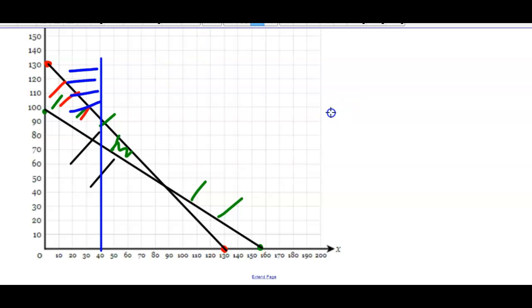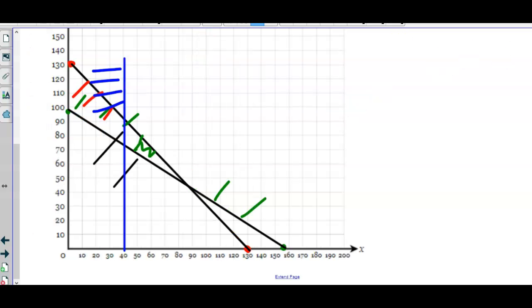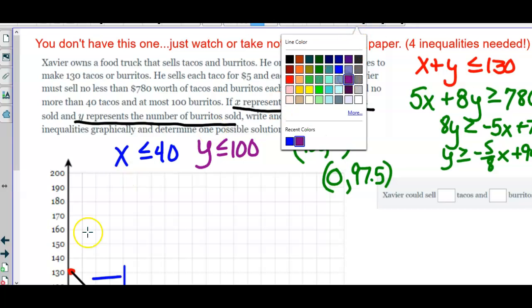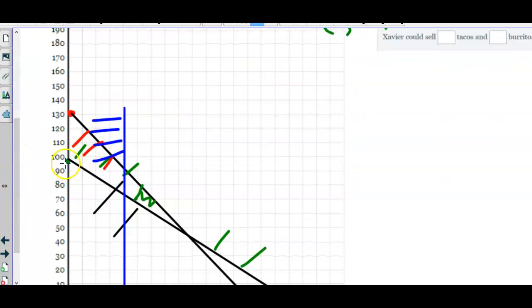One more. It also says that he must sell at most 100 burritos. So he has to stay less than 100 burritos. So that line, if I turn on the line tool and purple, that line is here.